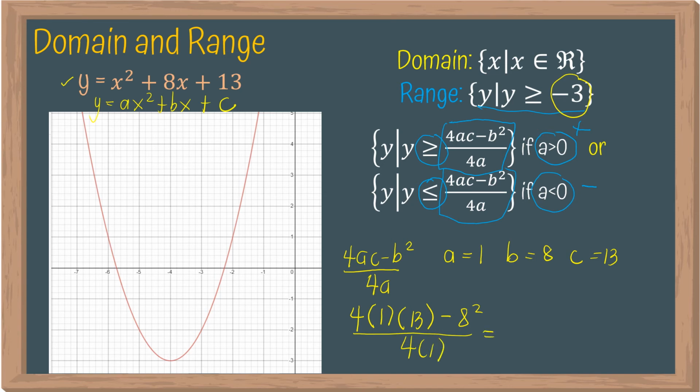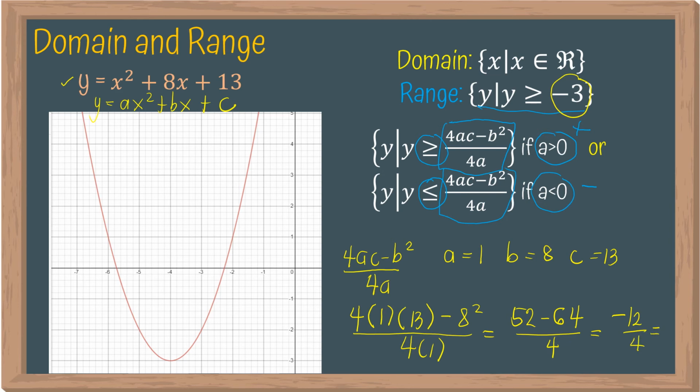Simplifying this further, we will have 4 times 1 times 13, that will be 52, minus the square of 8 will be 64, all over 4 times 1 is 4. So 52 minus 64 will give us negative 12, all over 4.